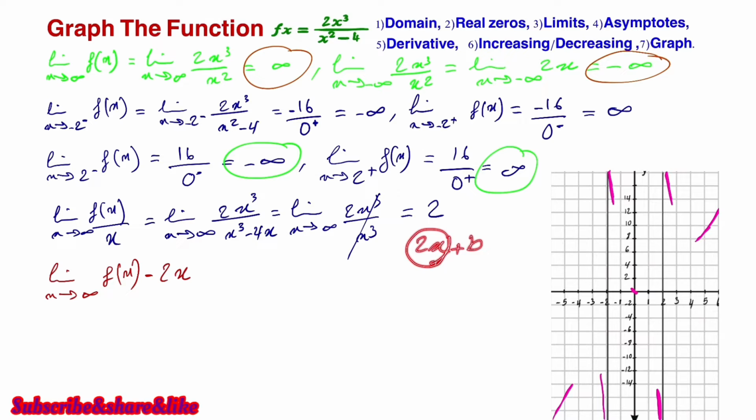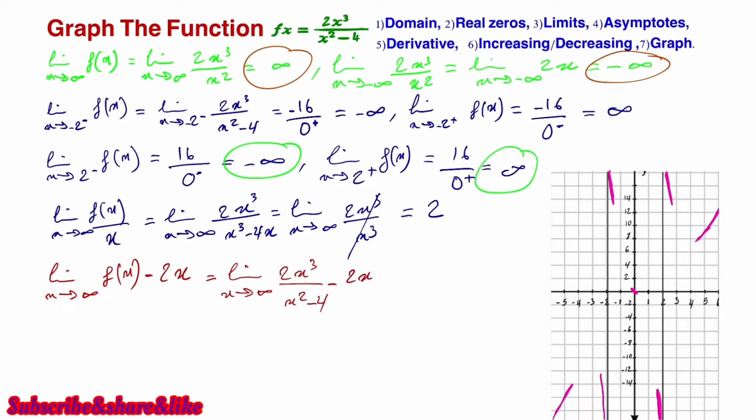So we're going to have the limit as x goes to infinity of 2x to the third over x squared minus 4, minus 2x times x squared minus 4, so we have the same denominator. We're going to get 2x to the third minus 2x to the third plus 8x, over x squared minus 4.